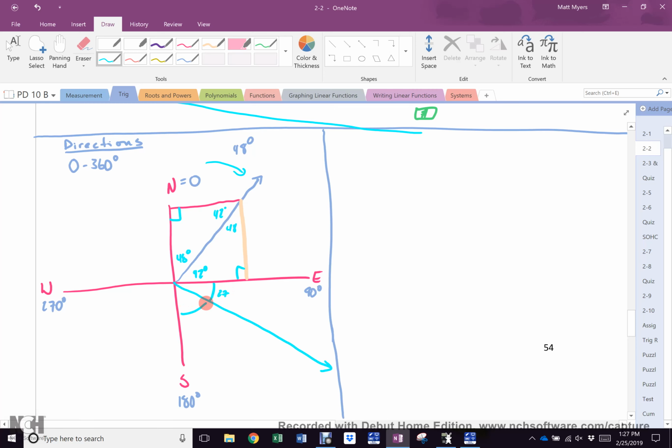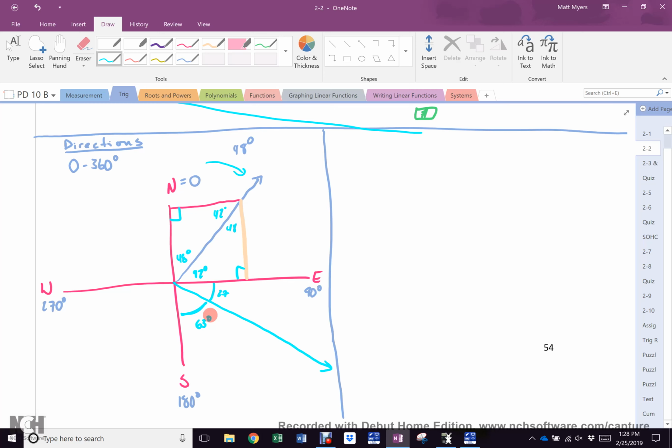Which makes this what? 90 minus 27, which is? 63. Is everybody good with these kinds of directions? Going once, going twice, going thrice.